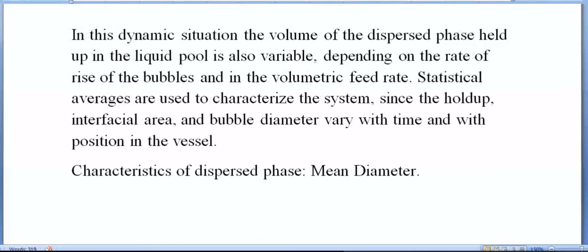Okay. Then statistical averages are used to characterize the system, since the hold up, interfacial area, and bubble diameter vary from time to time, with position, and within the vessel. Now, the most important thing is, if the air bubble issued from the orifice is a bigger one, it will immediately take the blow of an impeller and become smaller bubbles.